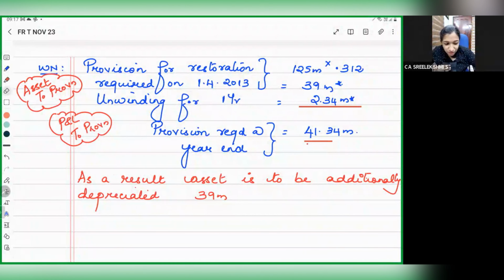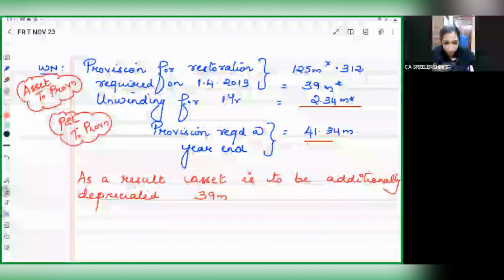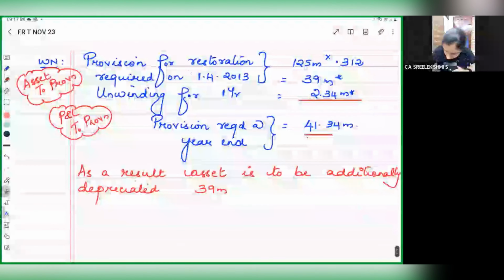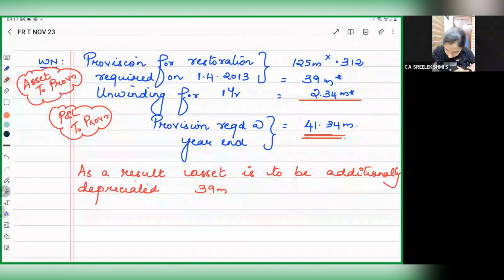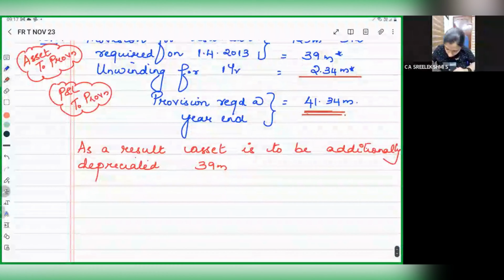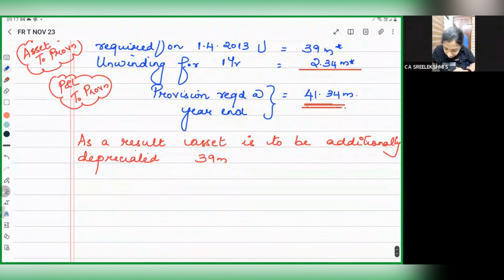Are you all clear ഇതുവരെ? Yes എന്ന് ഞാൻ വിചാരിക്കട്ടെ. 41.34, then provision required at the year end is 41.34.